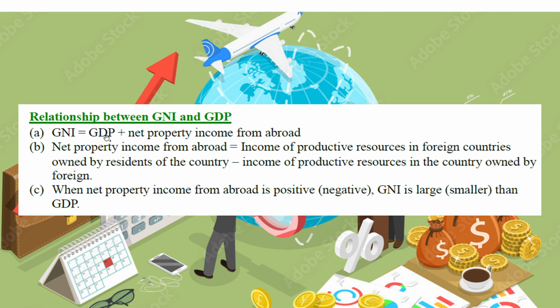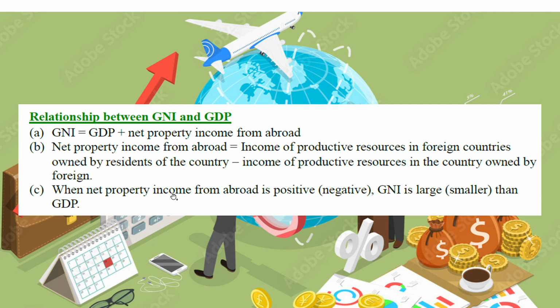Relationship between GNI and GDP. GNI is GDP plus net property income from abroad. Remember, property income from abroad is income of productive resources in a foreign country owned by the residents, minus the income of productive resources in the country owned by foreigners.